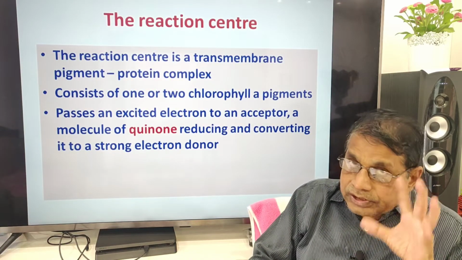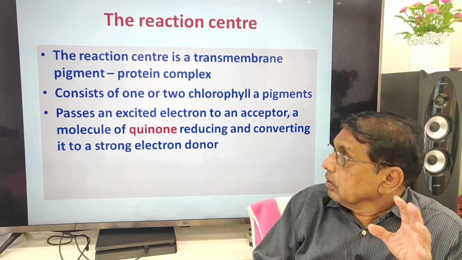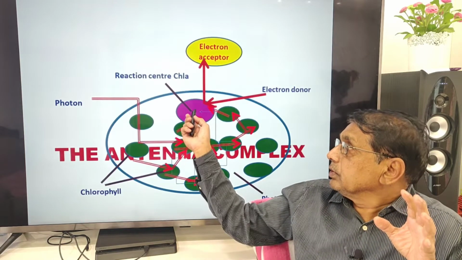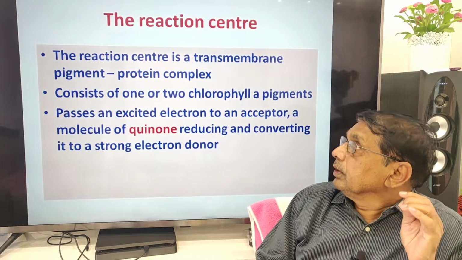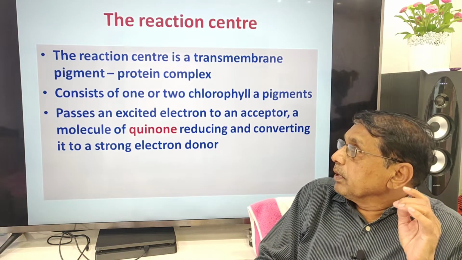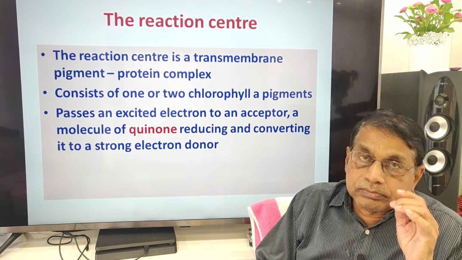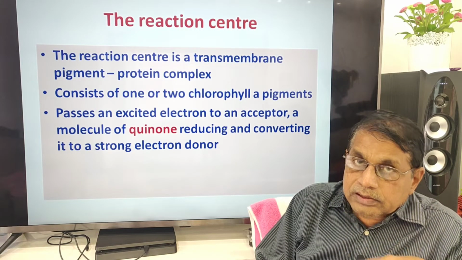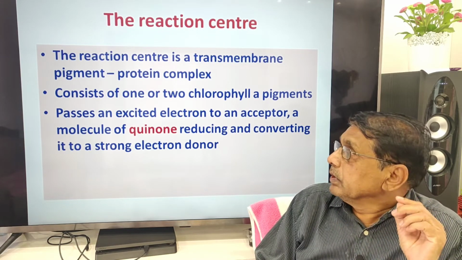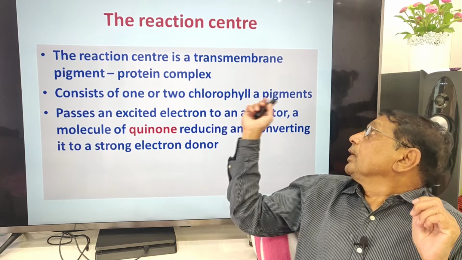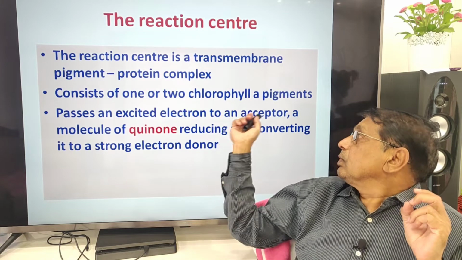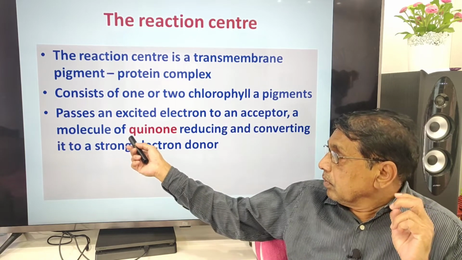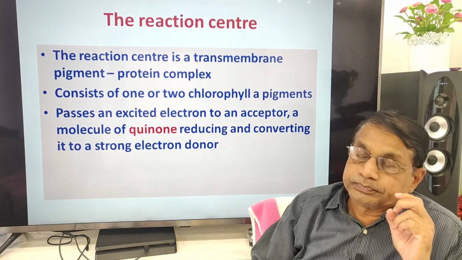The reaction center is a transmembrane pigment-protein complex, with chlorophyll A and some protein molecules. One or two chlorophyll A pigments pass an excited electron to the acceptor molecule quinone.